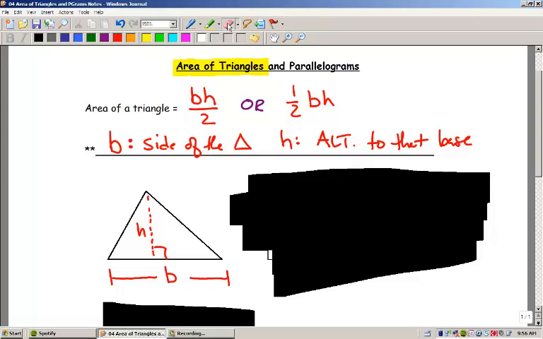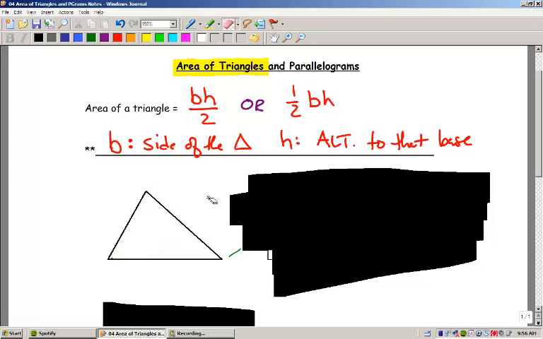Now, I would not write down what I'm going to do next. You can use the other sides to be your base as well. It is possible that this could be considered your base. But then the altitude would have to come in looking like that there. So again, this side could be my base, but then the altitude could be drawn in, but it has to come from this vertex down and perpendicular to this side here.